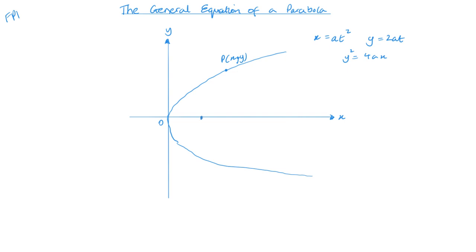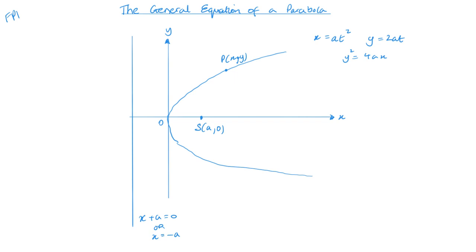So S is here, S is (a, 0), and then the directrix is over here, and this is the line x plus a equals 0, or x equals minus a.